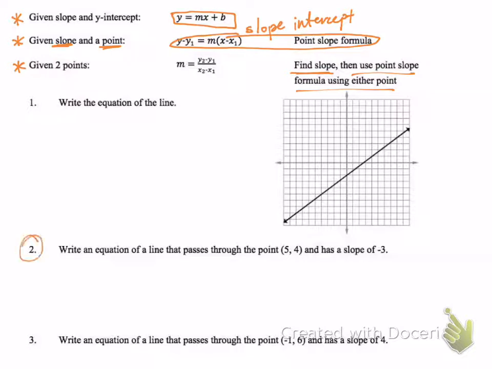So if we look at number 2, it says write an equation of a line that passes through the point (5, 4) and has a slope of -3. So here it's given me a slope and it's also given me a point.